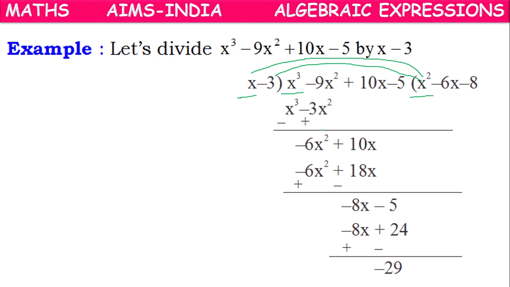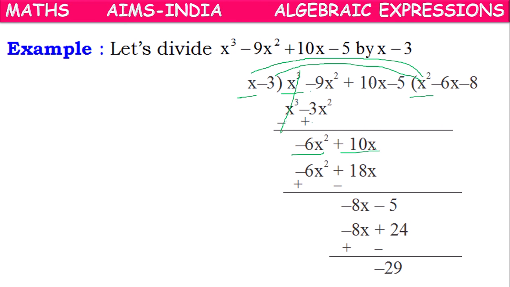Next, we have to subtract while doing division. Plus x cube minus x cube cancel. Minus 9 plus 3 x square equals minus 6 whole x square. We can carry down the next term, which is plus 10x.